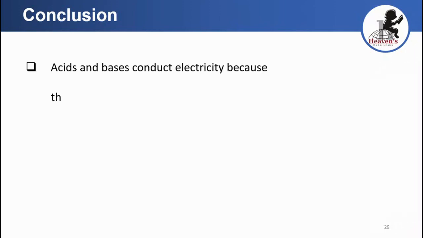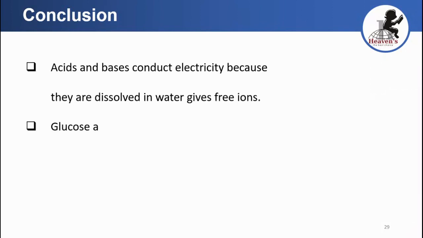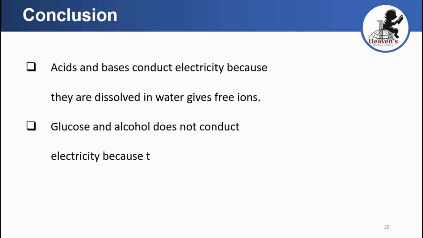Okay. So from this activity, we concluded that acids and bases conduct electricity because when dissolved in water, they give free ions. But glucose and alcohol do not conduct electricity because they have no free ions even in aqueous solution. Okay.